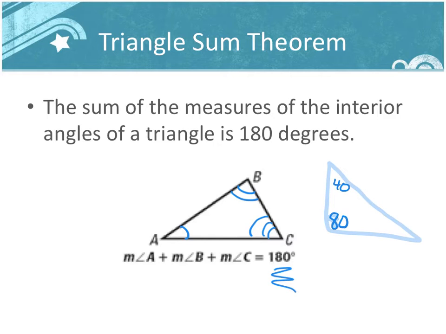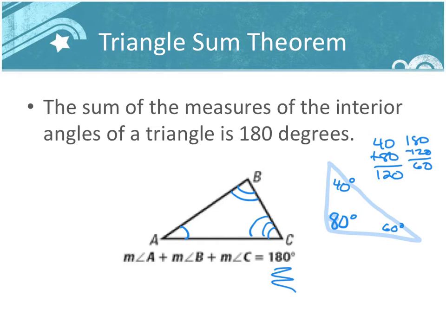Just know that you can't just look at the picture and assume how big it is. So if I were to have only given you two of them, then what you would have to do is add the two that you're given, get 120, and then subtract that sum from 180, and that will give you the missing angle measure.